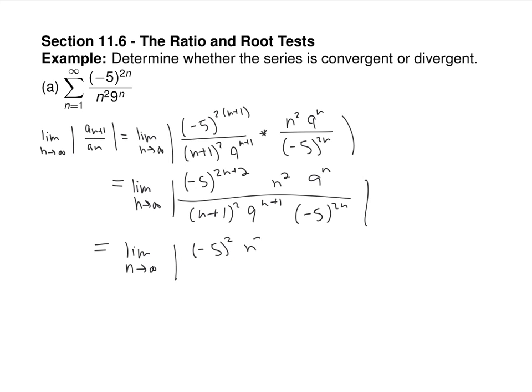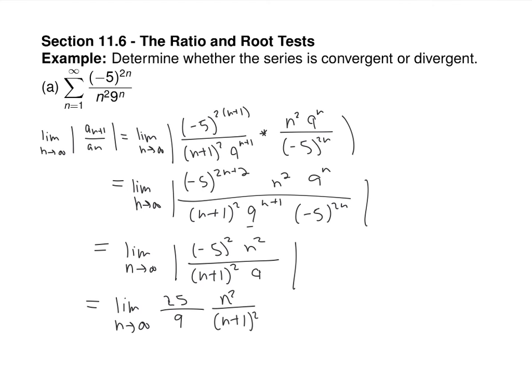The n squared will not go away, but the 9 to the n will cancel with this 9 to the n. The n plus 1 squared stays in the bottom, as does a singular 9. So now squaring, taking the absolute value, we have 25 over 9 times n squared over n plus 1 squared.